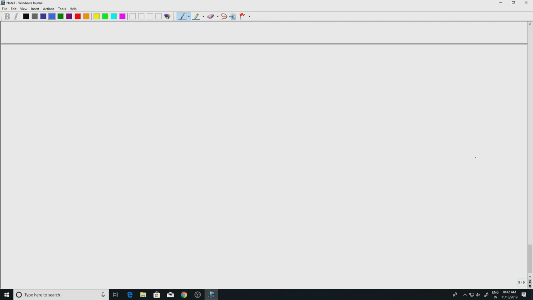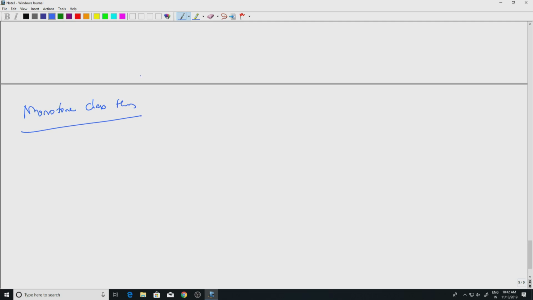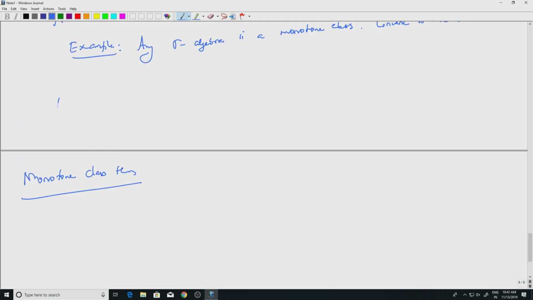So that is called the monotone class theorem. So recall the elementary sets here.